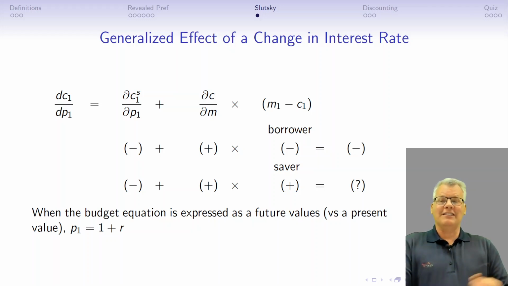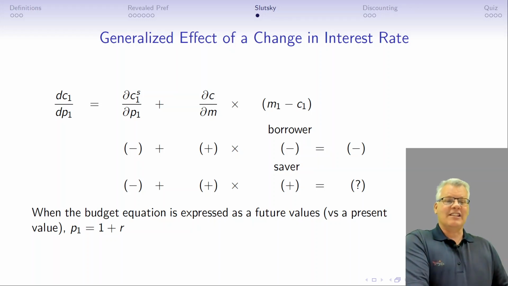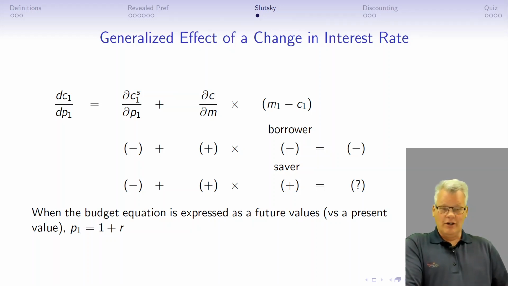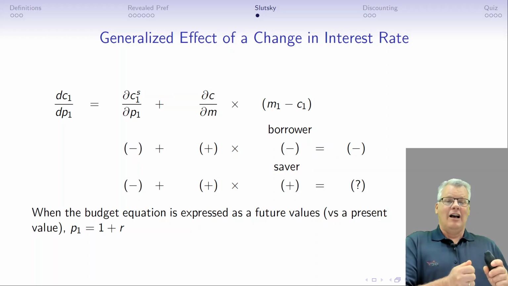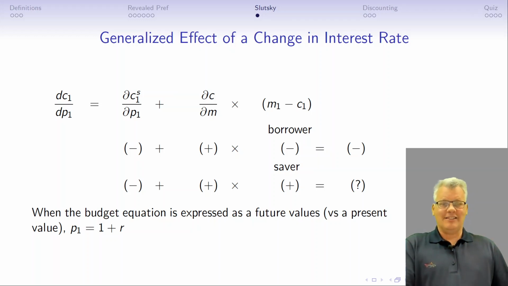So we have a negative plus a negative. The Slutsky equation is negative for a borrower. But when the sign on that third term flips, for a saver we're unable to sign this Slutsky equation, right?